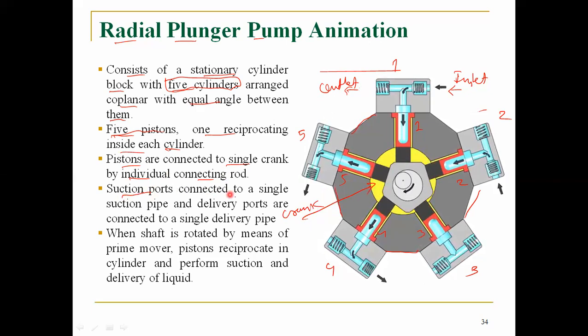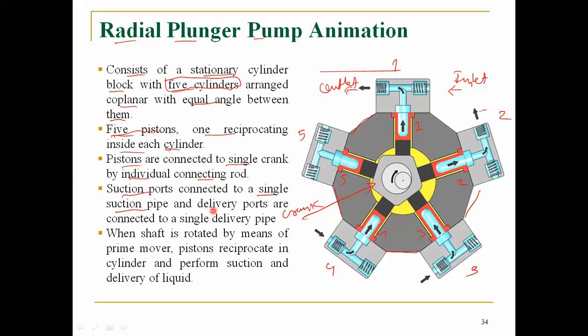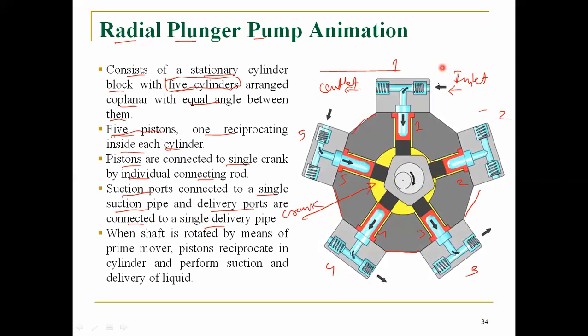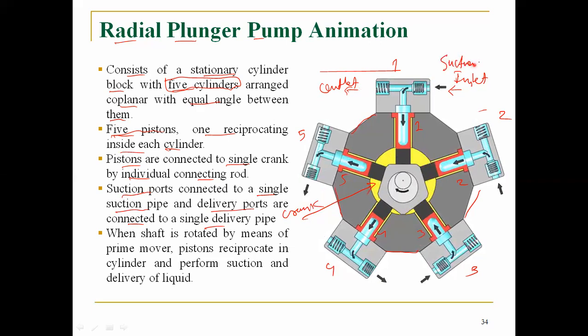The suction ports are connected to a single suction pipe, and the delivery ports are connected to a single delivery pipe. Inlet means the suction, and outlet means the delivery.